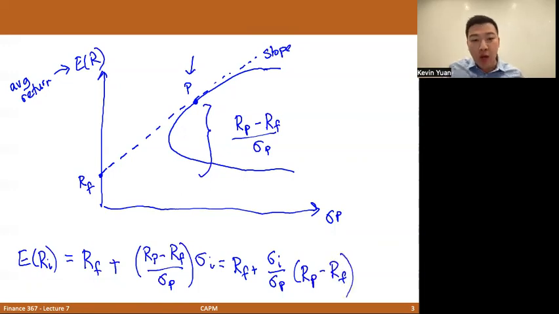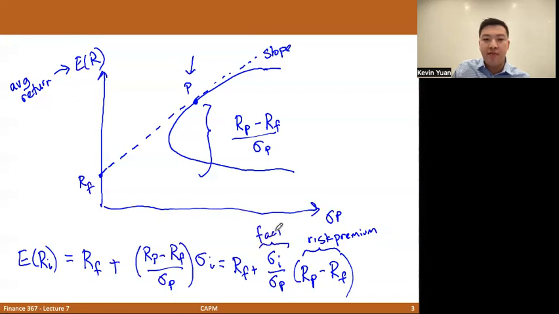Okay, so what this equation is saying is, if I want to price the expected return of a particular asset, what I do is I have a base return, which is the risk-free rate, plus what is this over here? The return of the tangency portfolio minus the risk-free rate. That's essentially some sort of risk premium. Okay, and we're going to multiply this risk premium by some factor, which we won't label right now, but we'll just call it some factor.